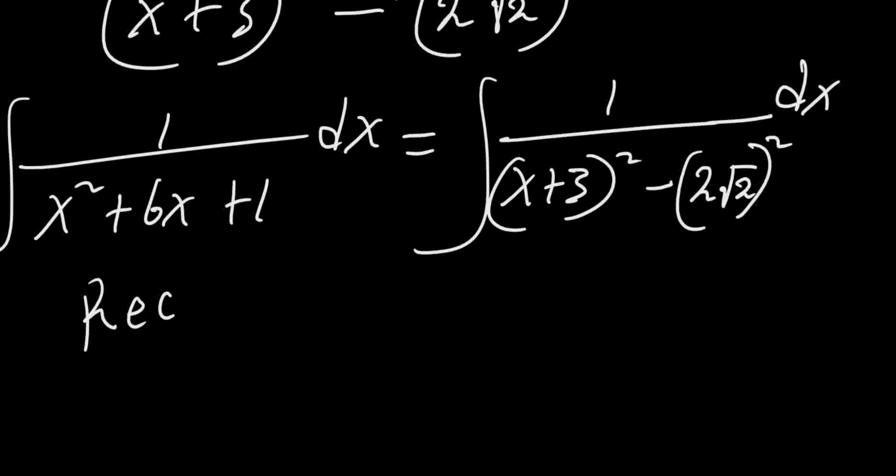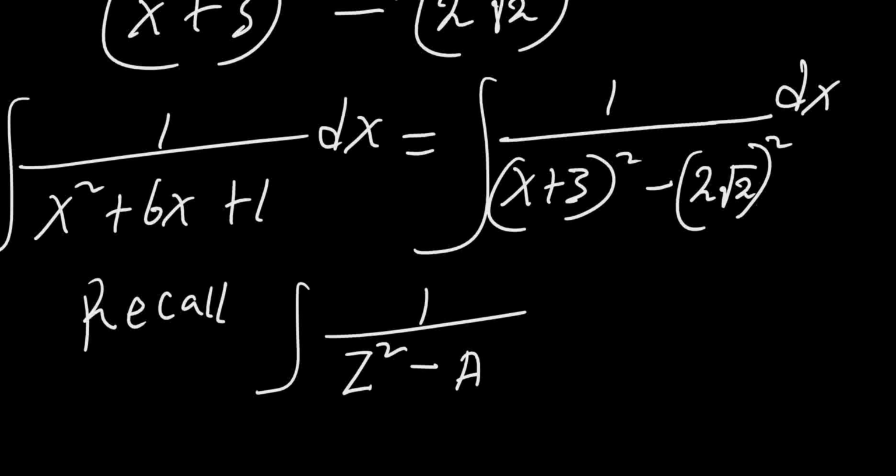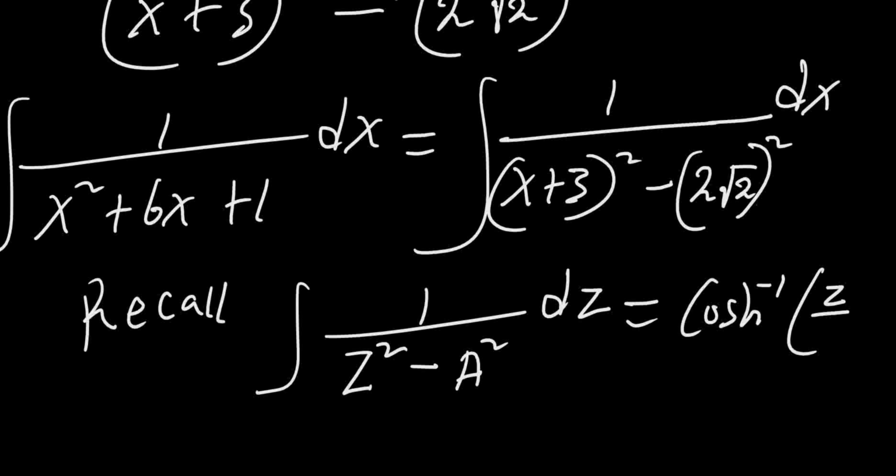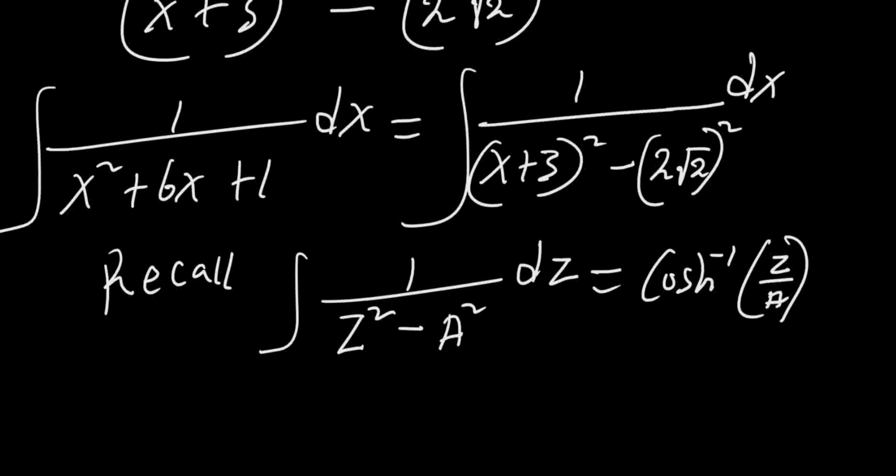Now recall that the integral of 1 over the square root of z squared minus a squared, dz, is equal to the reciprocal of cos h of z over a, plus c.